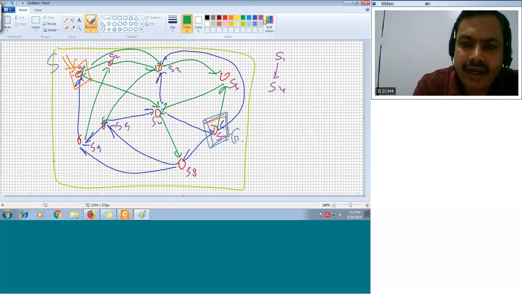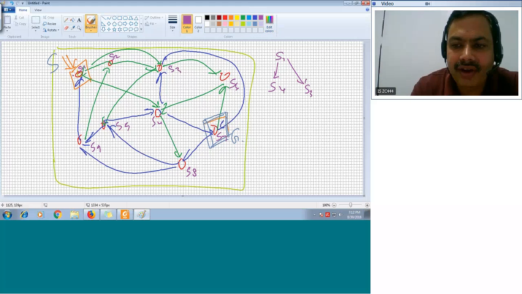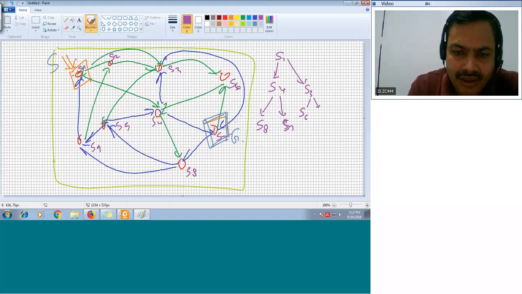So you go to S4 and S3, and then you have to find out what you can do from here. From S4 you can go to S8 and S7. So this is what the tree is, and from S3 you can go to, sorry, I think it should be S6, and I think this is the only place, and S7 also.